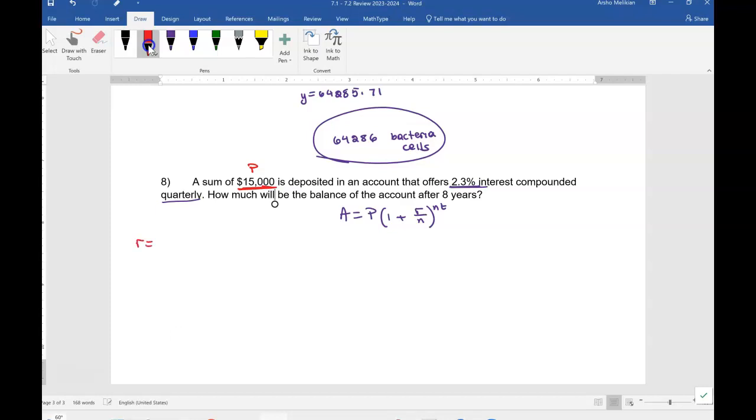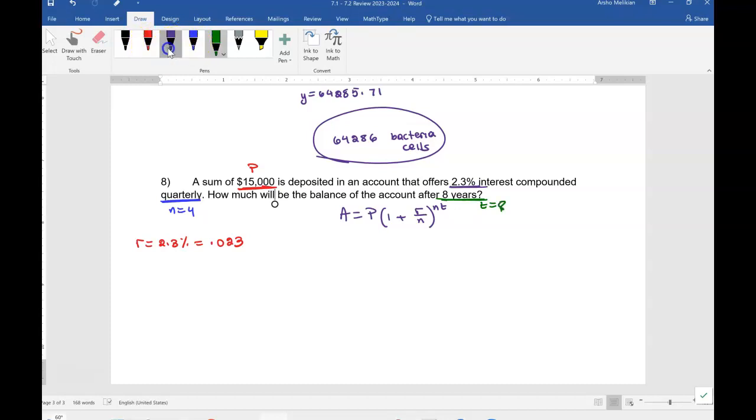The rate is 2.3%, but when I write it in decimal, it's 0.023. Now, quarterly means n is what? n is 4 because quarterly happens 4 times in the year. We want to know what is the balance after 8 years, and that's your t. I'm sorry, t is equal to 8.